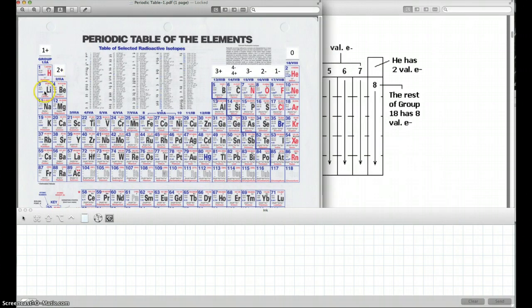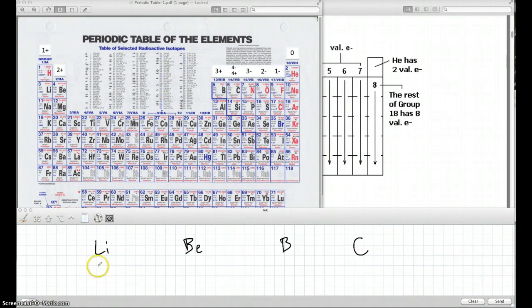If I just look at lithium, beryllium, and boron, and carbon, and write just the very end of the electron configuration for those, lithium would end in 2s1, meaning in the second energy level, there's 1 electron.